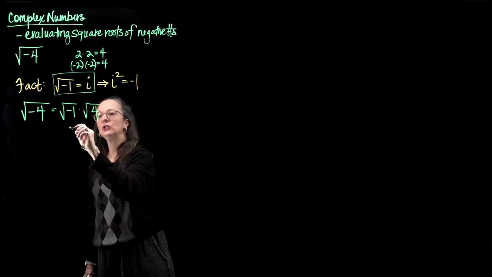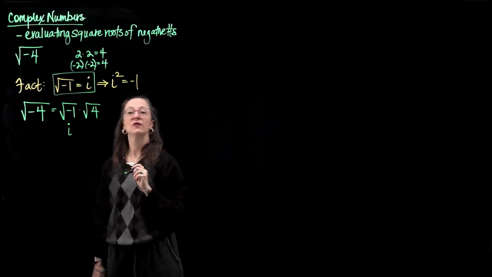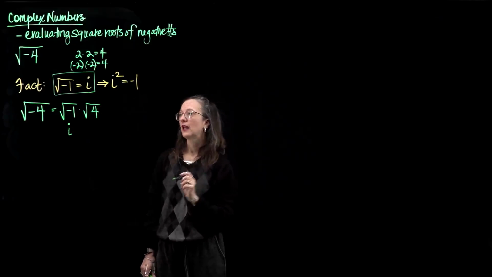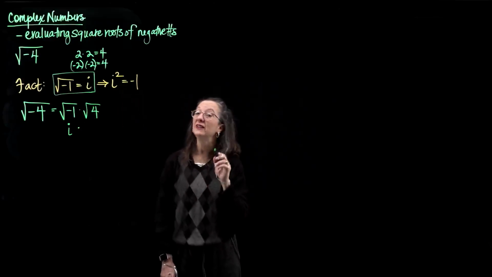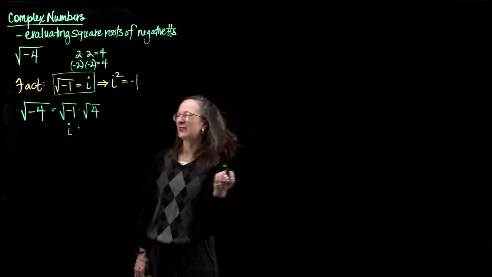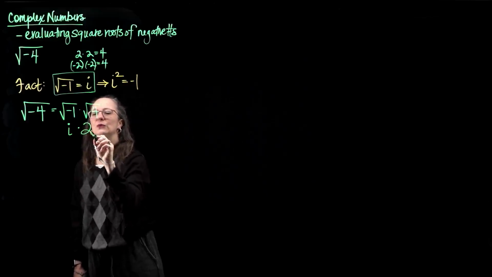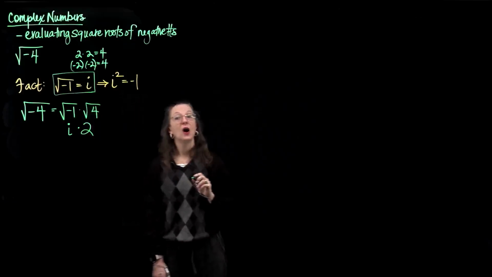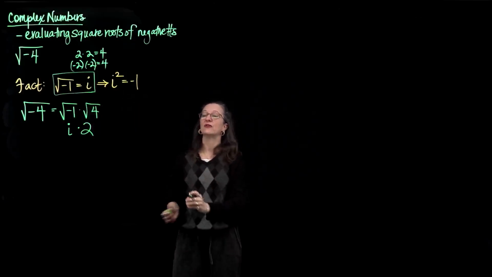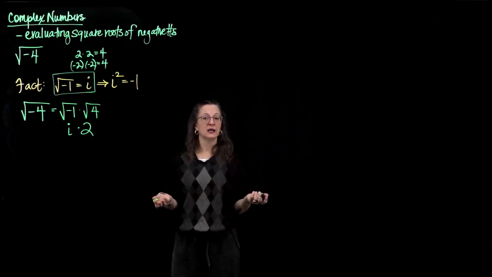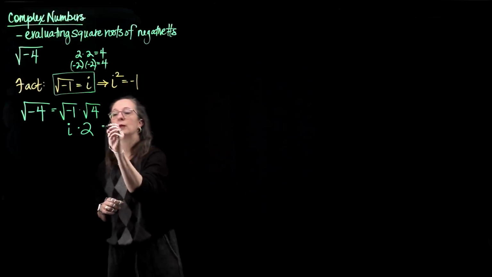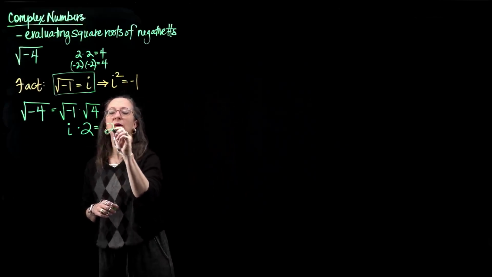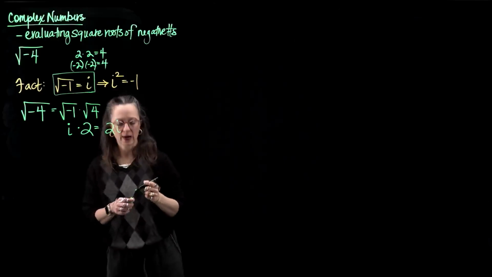I'm going to do it right underneath it so that we can see where everything came from. And then in place of the square root of 4, well, we know what that is. Square root of 4 is just 2. So now instead of square root of -4, I have i times 2. And convention says we write the number part first. I'm going to write this as 2i.